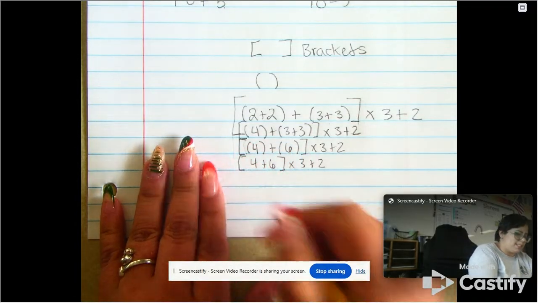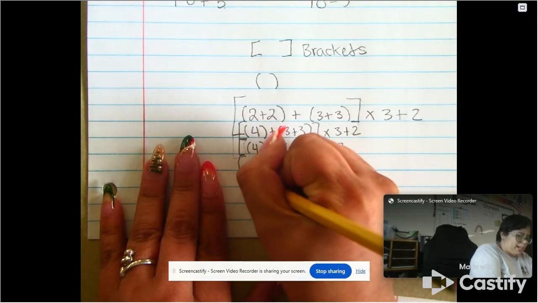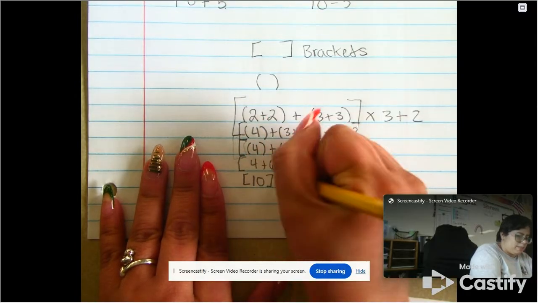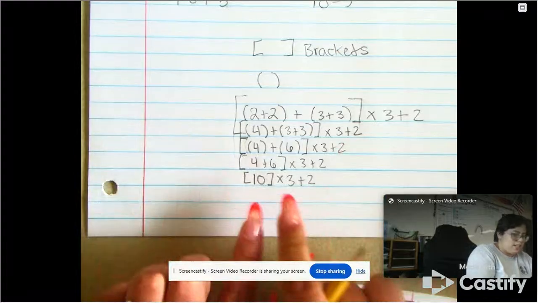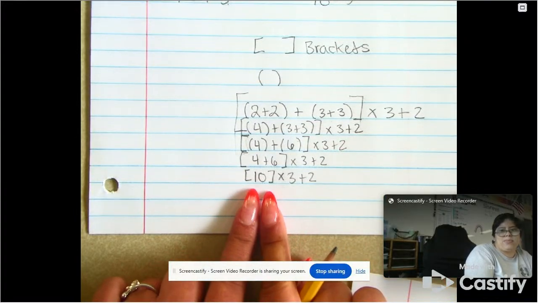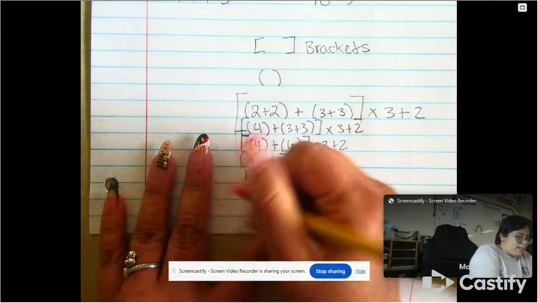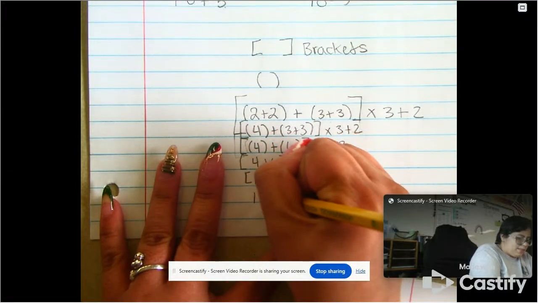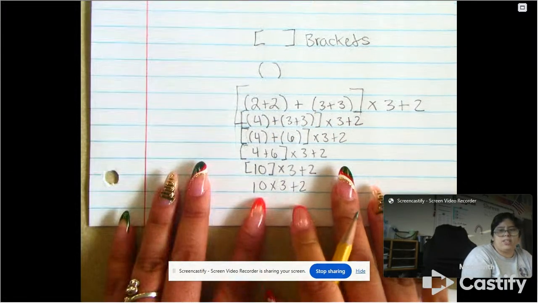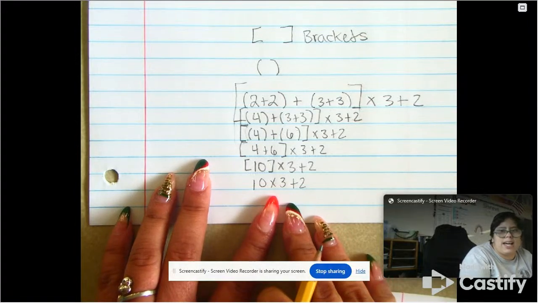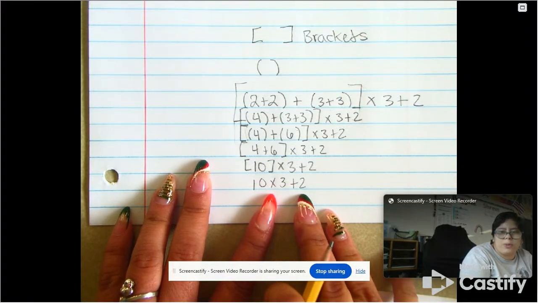So now I have 4 plus 6, keep my bracket, I have 10, keep my other side of my bracket, times 3 plus 2. Now I can make these brackets disappear because I only have a number in there. So now I have 10 times 3 plus 2, again following my order of operations. That was all just because I had different parentheses in there. All of these steps are all to do with parentheses.